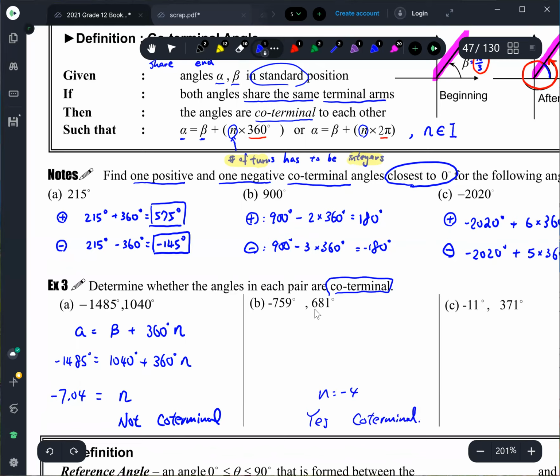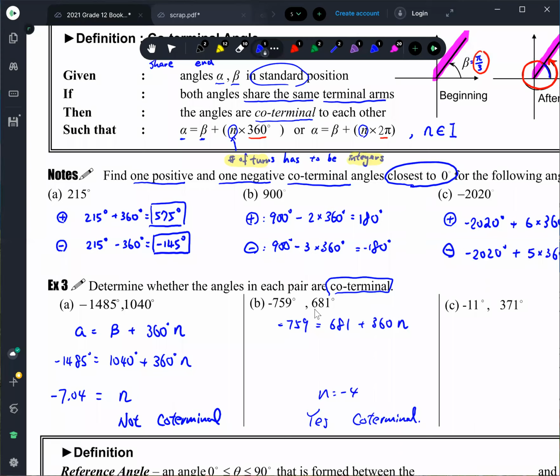You know how to find the n, but you need to know what it means too, right? Jenny, so what number did you plug into the A? I plugged -759. Yeah, -759 equal to 681 plus 360n, right?